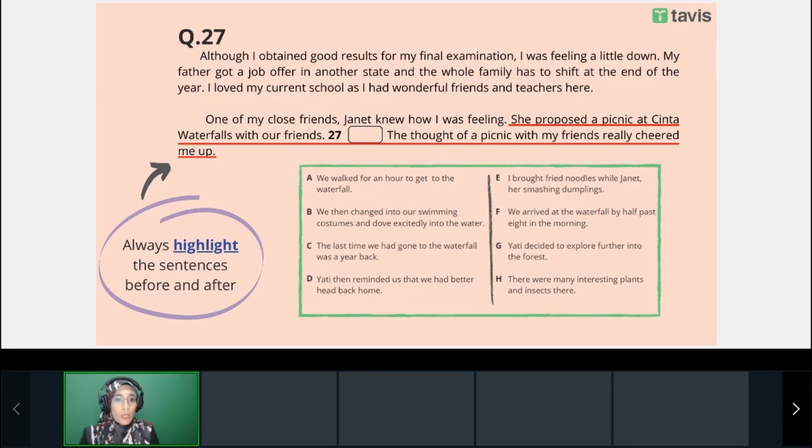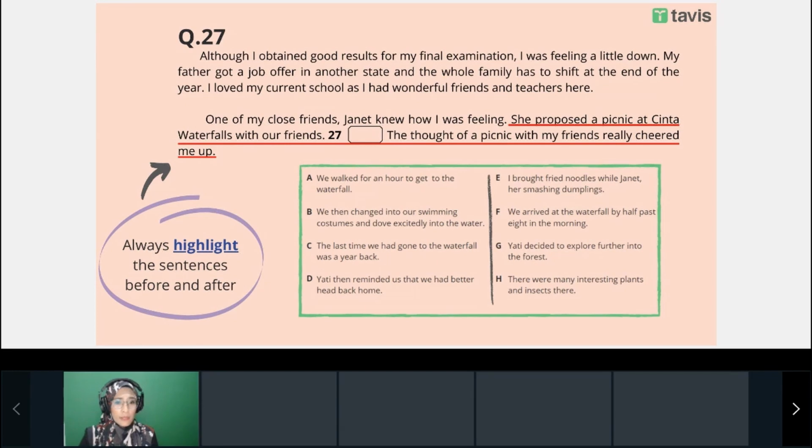So we know that she introduced that they were going to Chinta waterfalls. Okay. Then the thought of a picnic with my friends really, really cheered me up. Now, which one would you think is the best that fits here? Is it we walk for an hour to get to the waterfall?